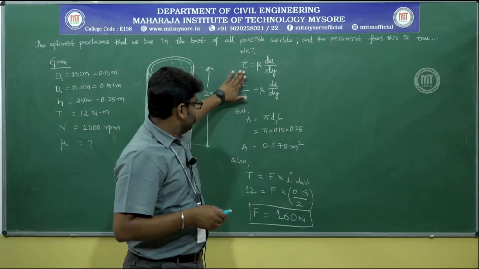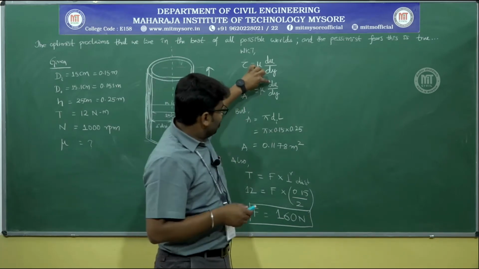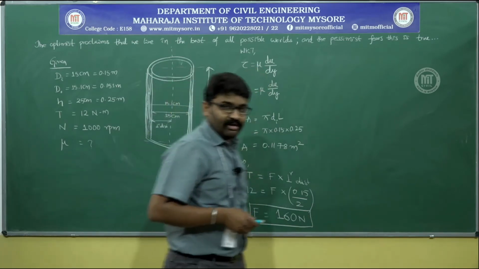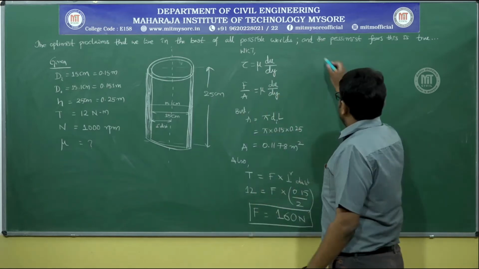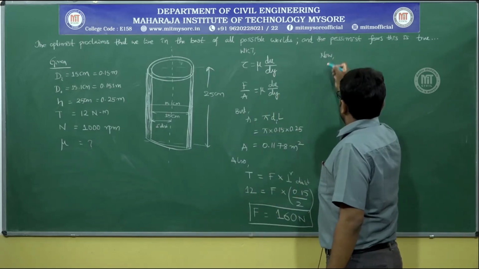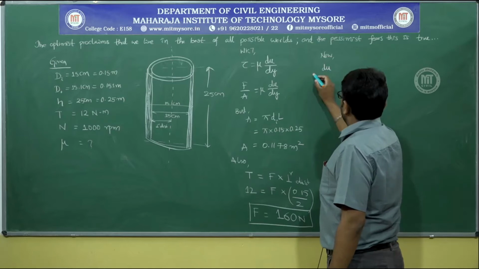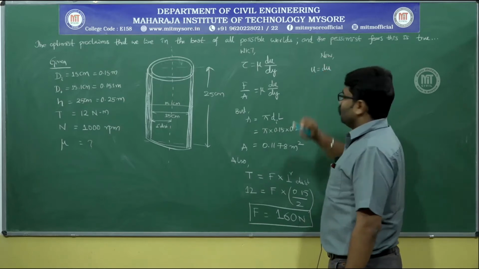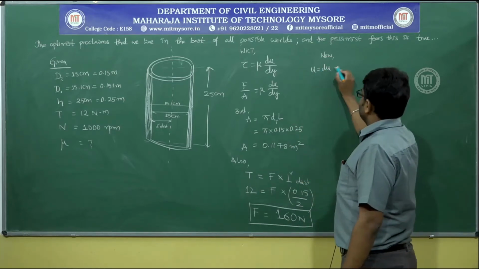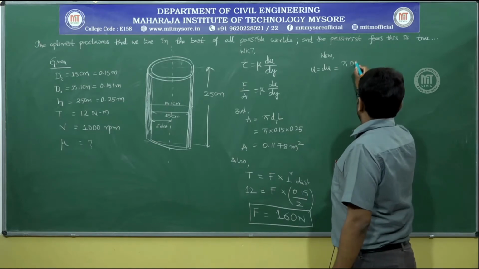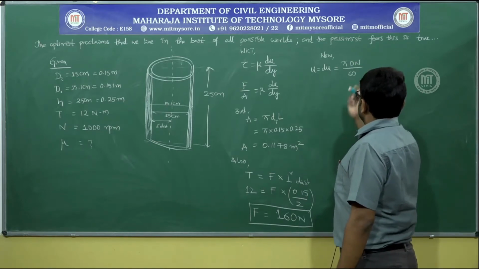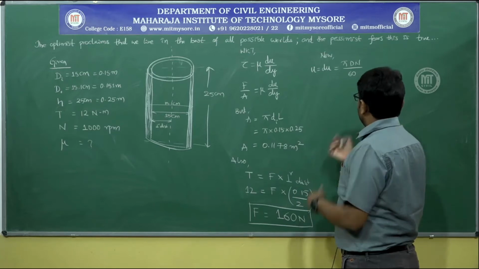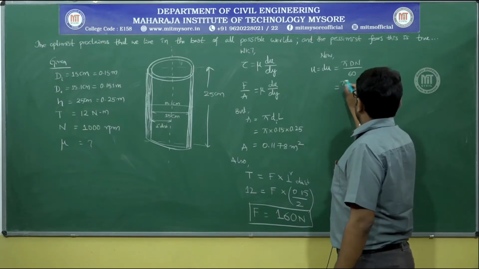Now, in this equation, F is over, A is over, you will have to get what is du and dy. How do I get du? First I will write u is equal to pi dn divided by 60, pi into diameter.